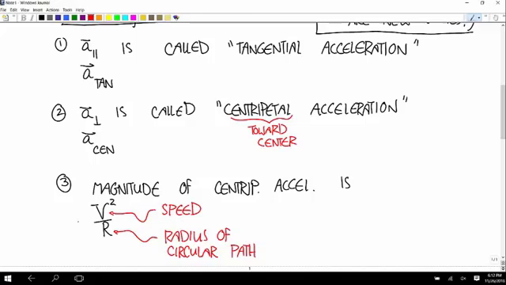So speed squared is meters squared per second squared. And then divide by what's the units of the radius of the circle? Meters. So you have meters squared per second squared divided by meters. That cancels one of the meters squared in the numerator, and you get meters per second squared. So the units work on that.